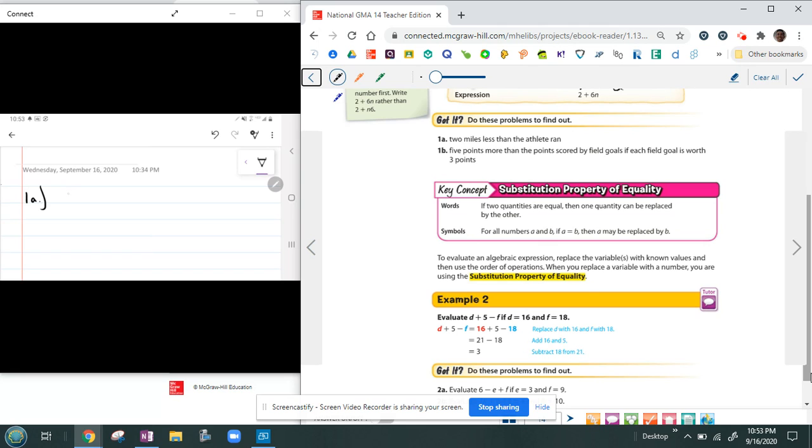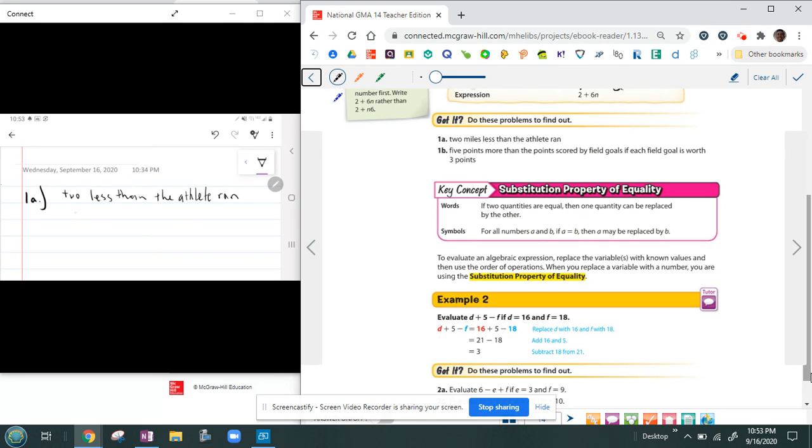2 miles less than the athlete ran. All right. Well, 2 less than the athlete ran. So that would be the words. Then we're going to do the variable. So we don't know how much the athlete ran.